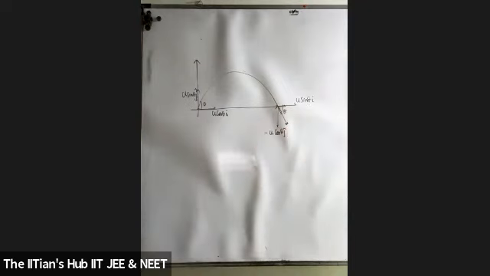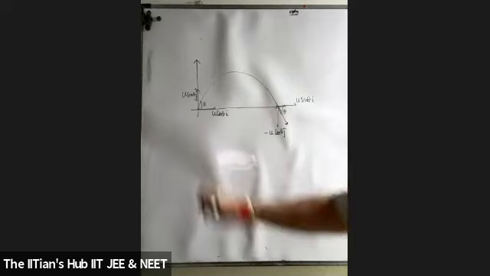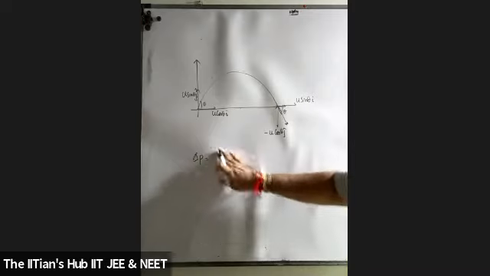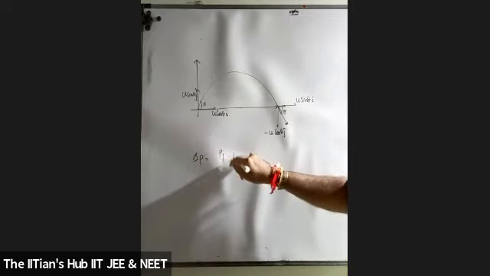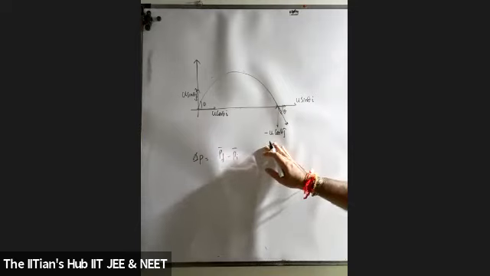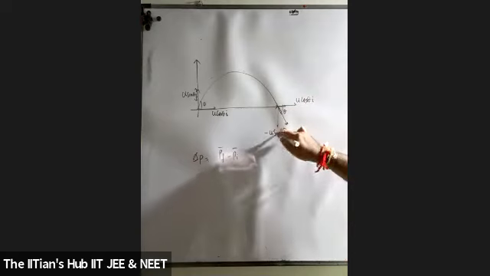This is what you're trying to say? Yes, sir. So what exactly will the change in momentum be equal to? m into the final momentum. In that final momentum, you wrote u sin theta on the x-axis. Sorry, u cos theta, and this will be u sin theta.